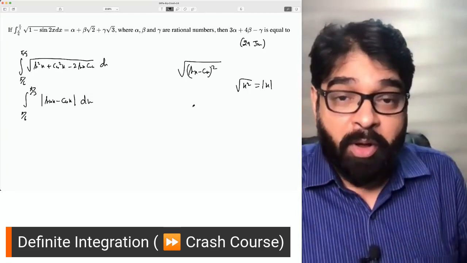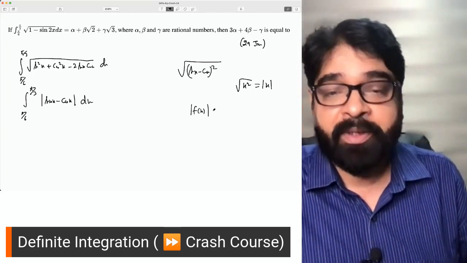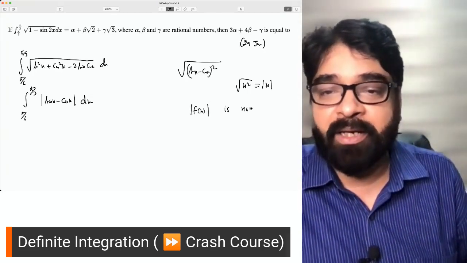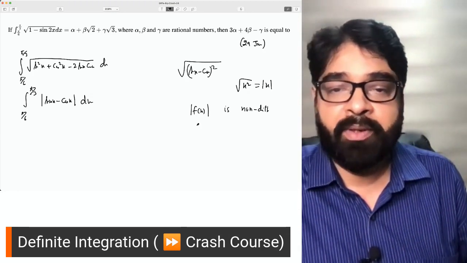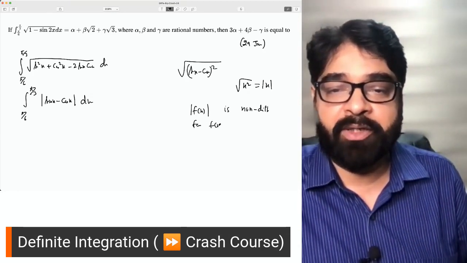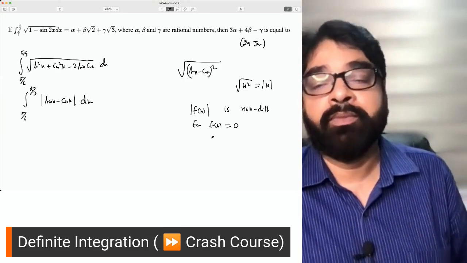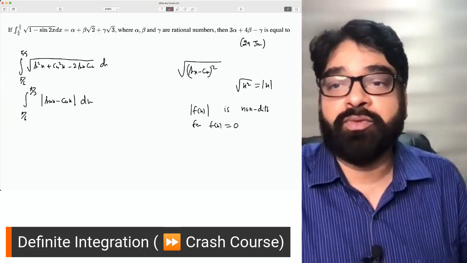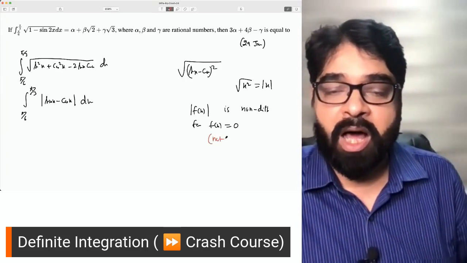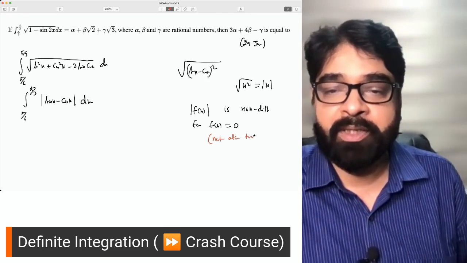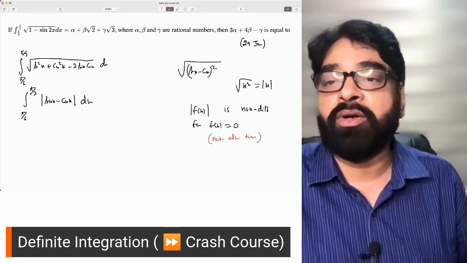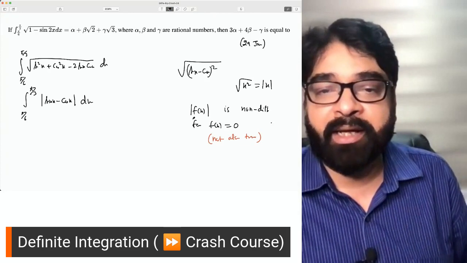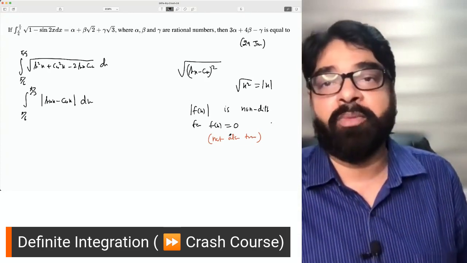Now, as I told you, mod f(x) is non-differentiable for f(x) equal to 0. Of course, not always true. Sir, how will I identify whether it's true or not? Whenever anything can come out from f(x), then it will not be true.